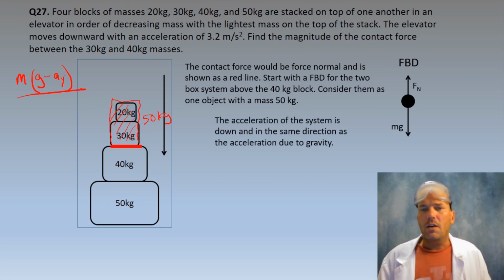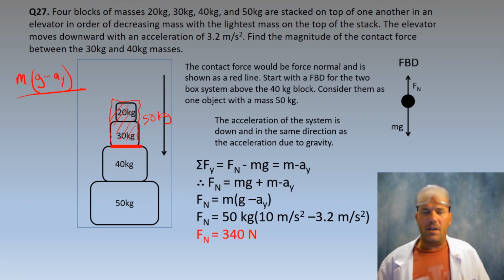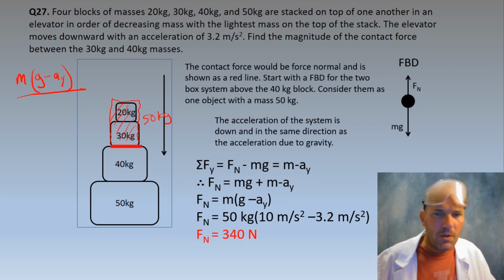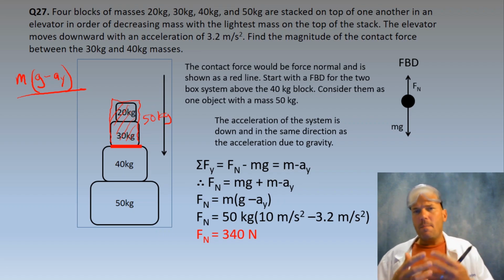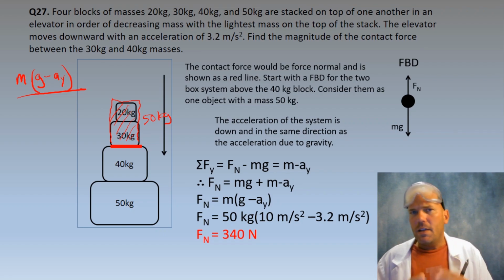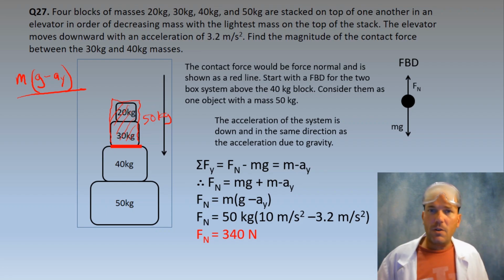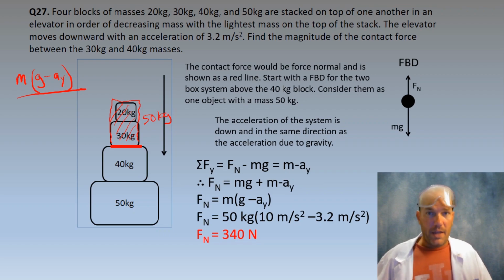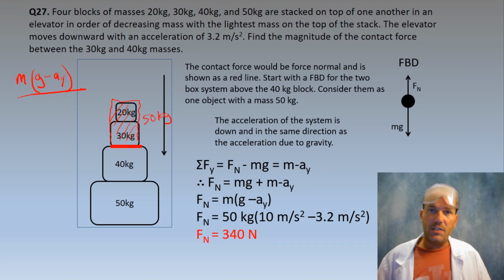We've already gone through the intuition here. Now let's sum these forces up. If we call up positive and down negative, in the vertical, we end up with force normal minus mass gravity equals the mass multiplied by negative acceleration. Now in class, you've probably heard me tell you that you can call the downward direction positive, so call the overall direction of the acceleration of the system positive.